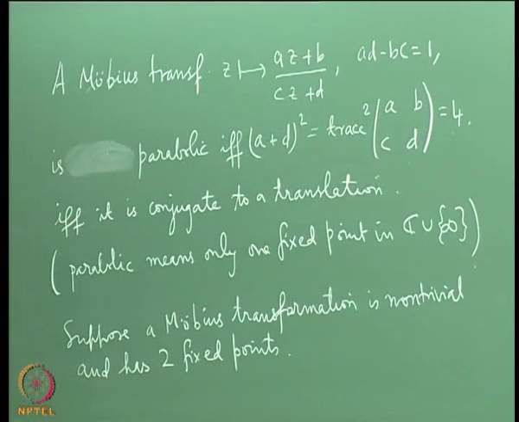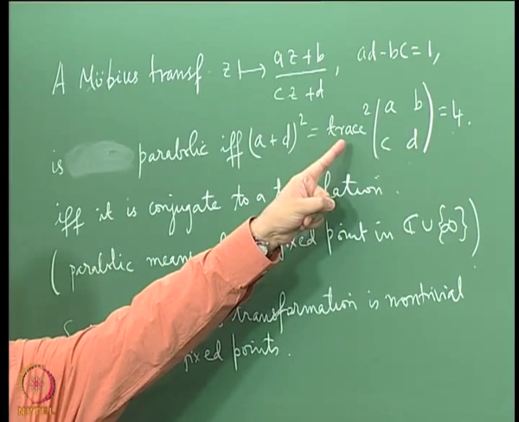The case when there is one fixed point is called parabolic, so what is left out is the case when there are two fixed points. This is a non-parabolic case. Now how do we classify Moebius transformations which have two fixed points? The key to this is again looking at the values of trace squared.